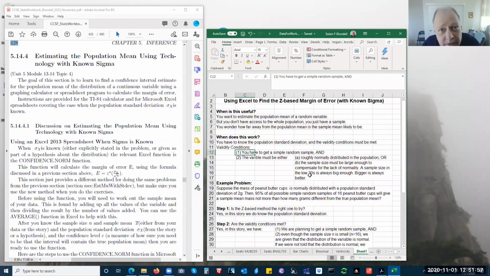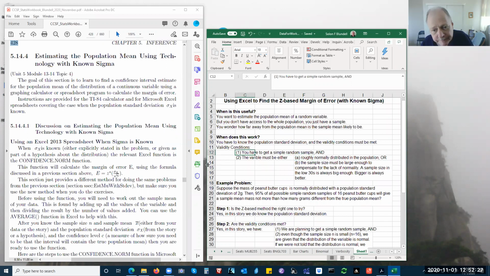Sample size in the low 30s is always big enough. Bigger is always better. Okay. So you don't have to have both. It's just roughly normal, or you have a big sample. One or the other of those two conditions, A and B here. But it has to be that you're working with a simple random sample.